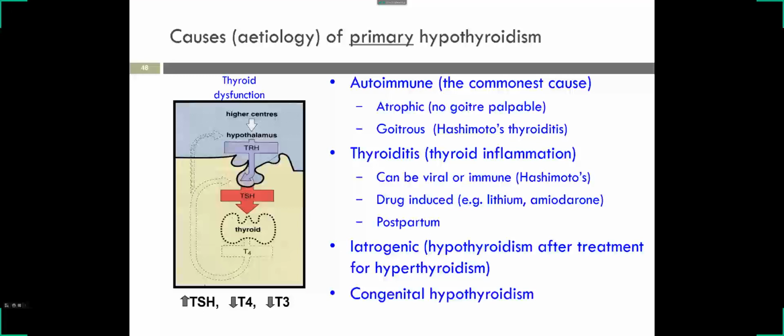And then, again rather rare, you can have congenital hypothyroidism, and in some countries you can have severe iodine deficiency in the diet, and this can also lead to inability to make thyroid hormones, and then inflammation of the gland.